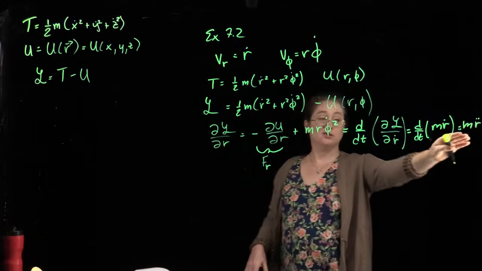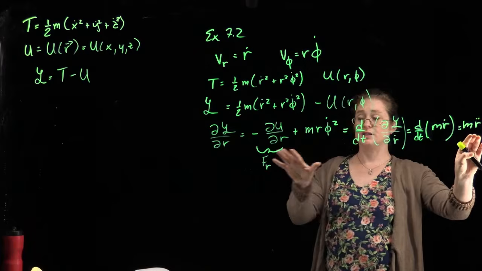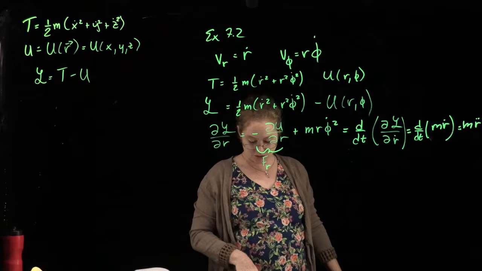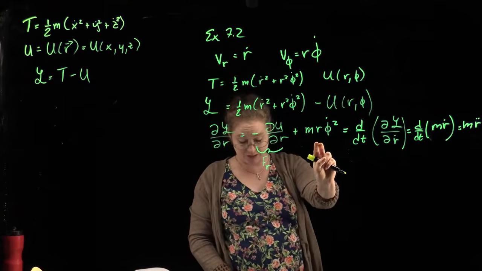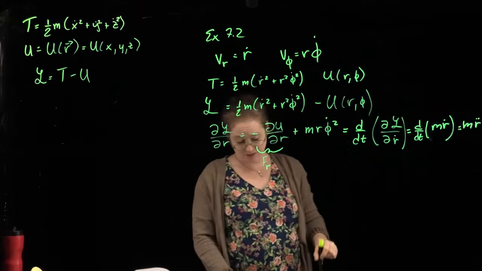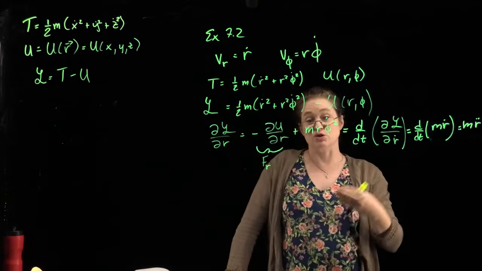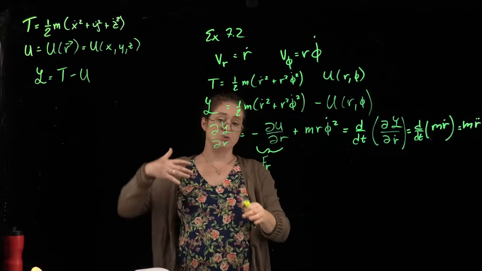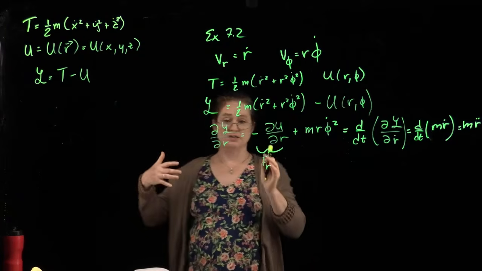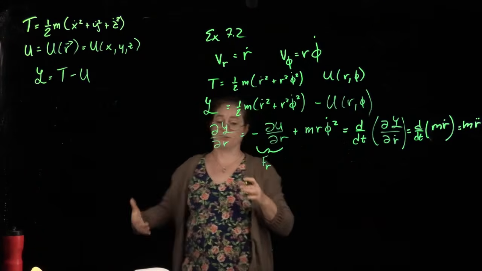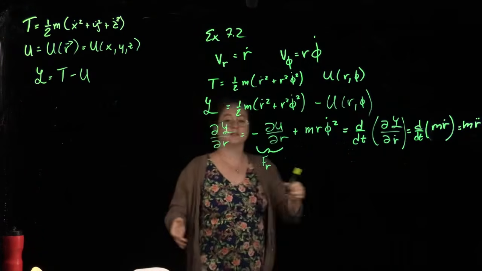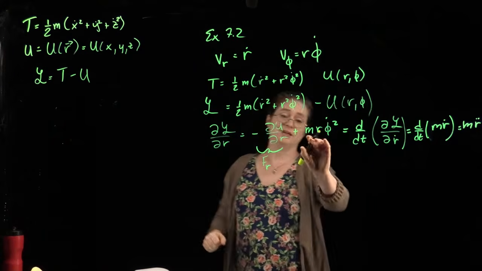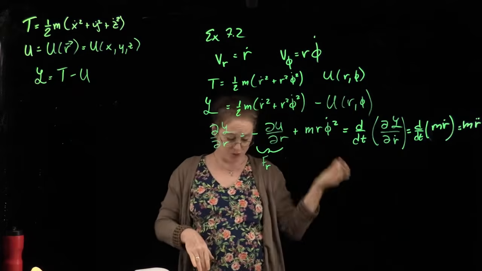So our radial acceleration term is equal to the radial force plus what we previously introduced as the centripetal force, which is this fictitious force that comes from the difference between Cartesian coordinates and polar coordinates. If you're moving in a system that is rotating, you have an apparent force that keeps you rotating.